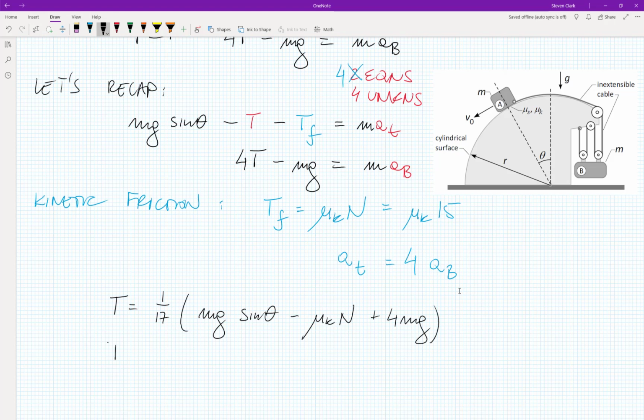If you plug in values, with N being 15, you will obtain that your tension is approximately 4.752 newtons.